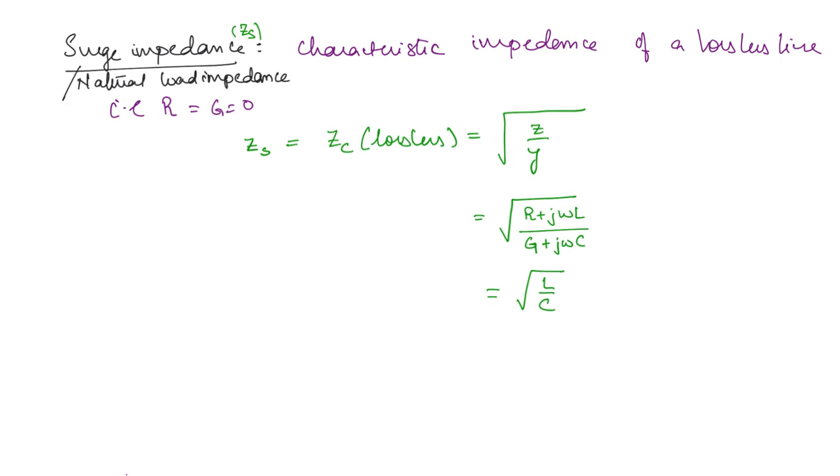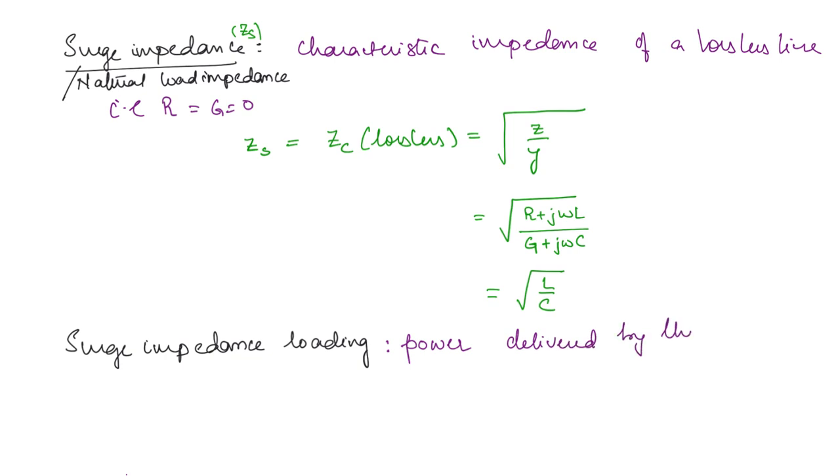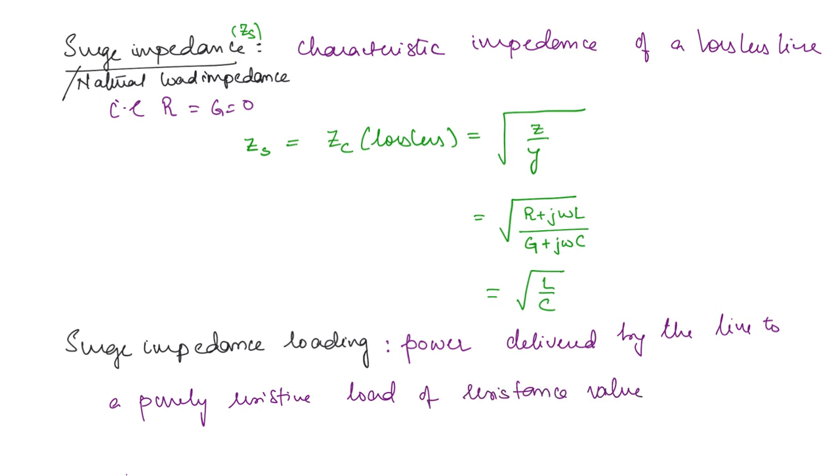Next we will see what the surge impedance loading is. This is the power that is delivered by the transmission line to a purely resistive load of resistance value equal to the surge impedance of the line.